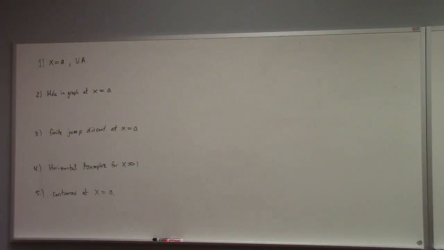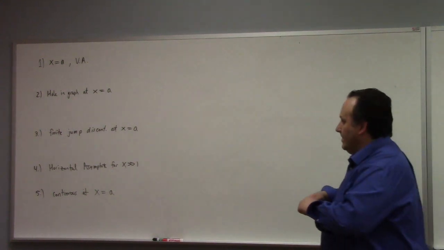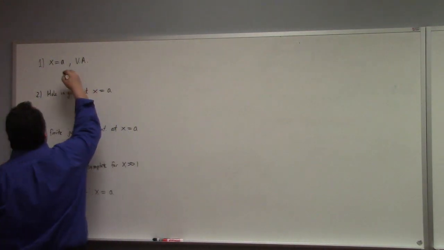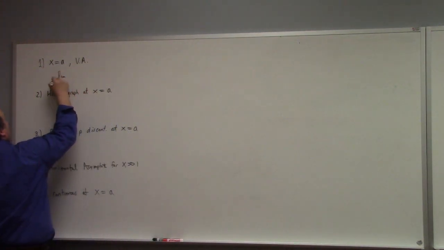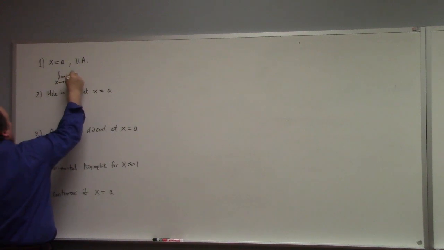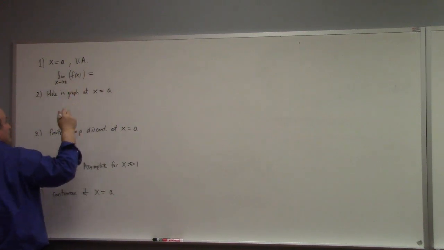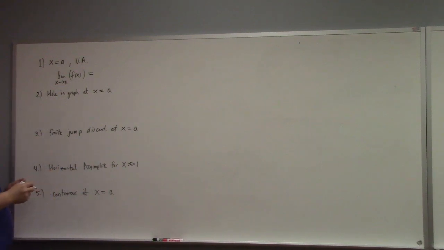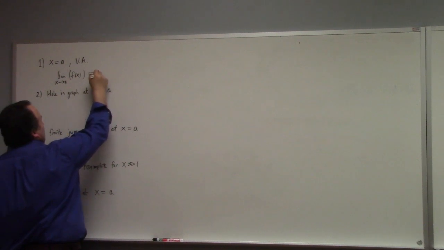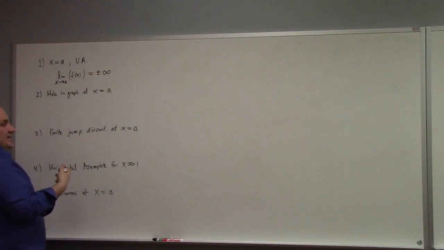So you guys, any ideas? The first one: limit as x goes to a equals what? Depending on the function, either positive or negative infinity, and there are a lot of special cases to think about here.